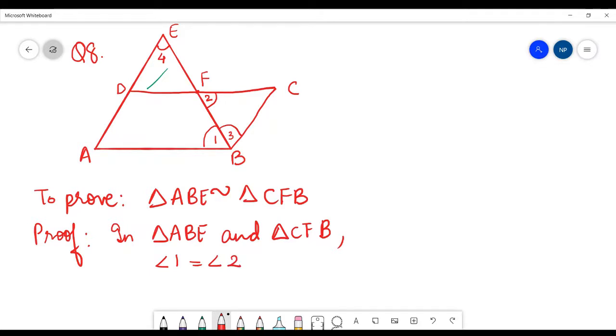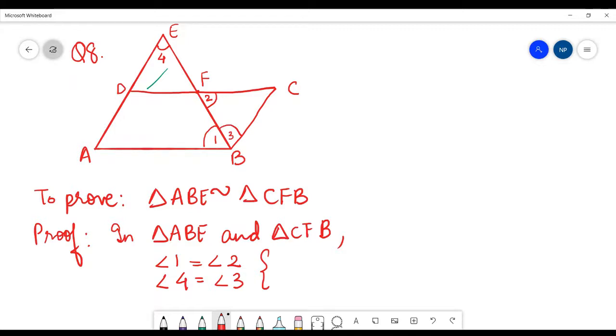Angle 1 is equal to angle 2 and angle 4 is equal to angle 3. Why, can anyone tell me? Angle 4 is equal to angle 3.